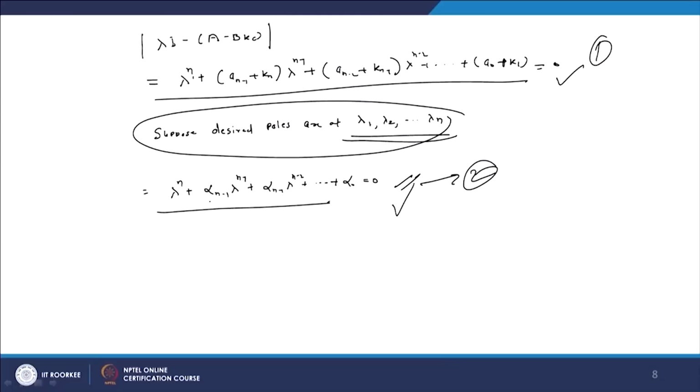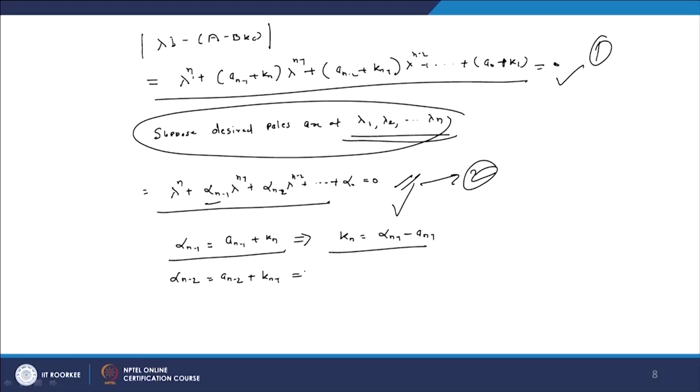Now, we compare this equation. So, if you compare this equation, let us say alpha n minus 1 is equal to a n minus 1 plus kn. So, if you solve it, we will get kn equal to alpha n minus 1 minus a n minus 1. Then alpha n minus 2 is equal to a n minus 2 plus k n minus 1.